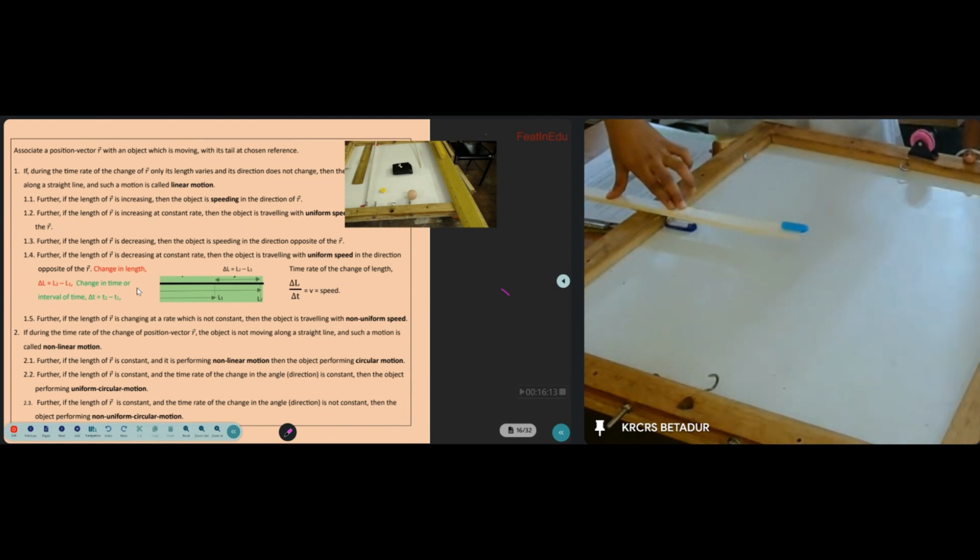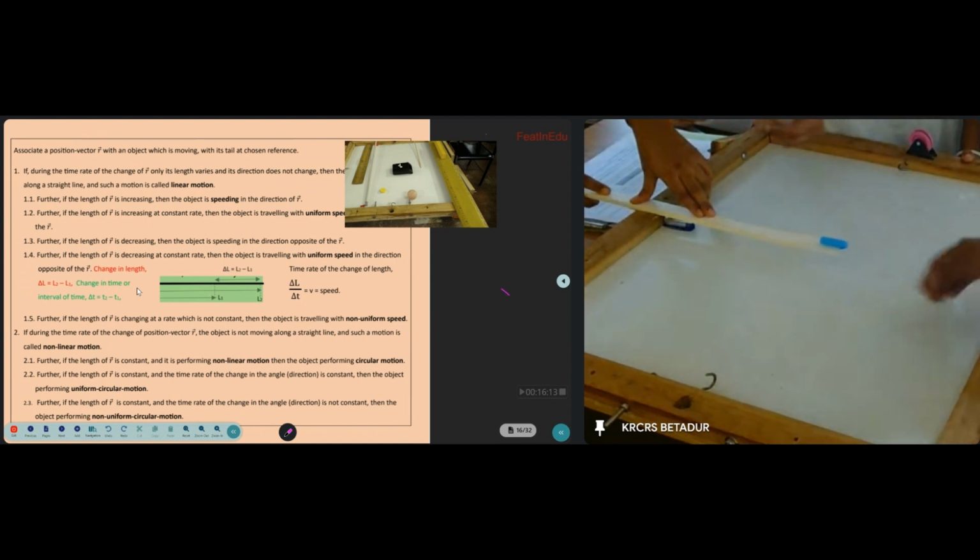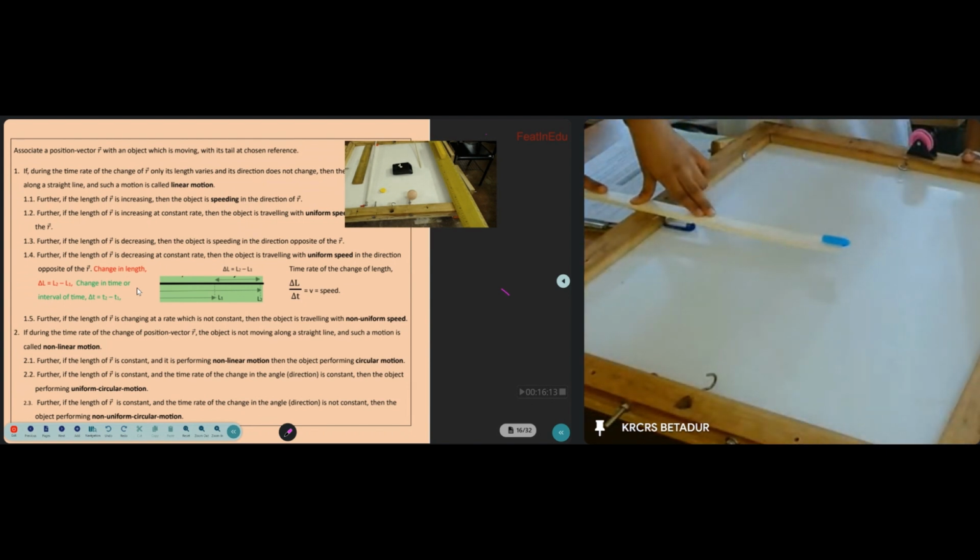Now move it a little further ahead. Now measure the distance with the scale. 30. Understood? No, 30 is L2. Yes sir. 22 is L1. Now how much distance did the body move? 8 centimeters. 8 centimeters is called delta L. I wrote delta L there, a triangle L. That is delta L, the change in the length.